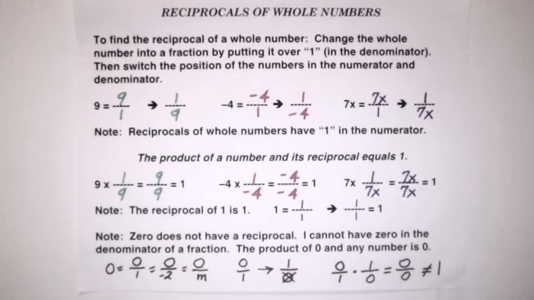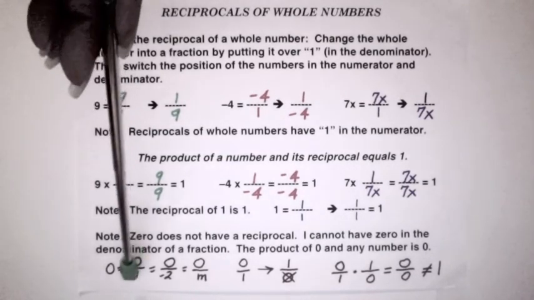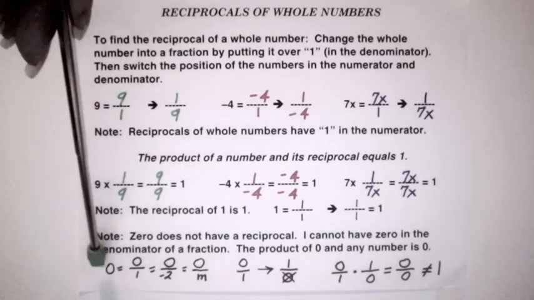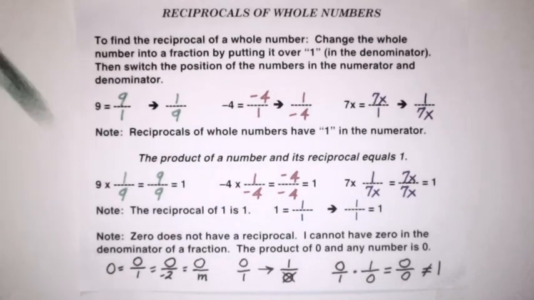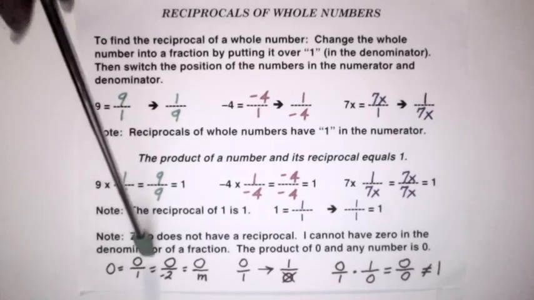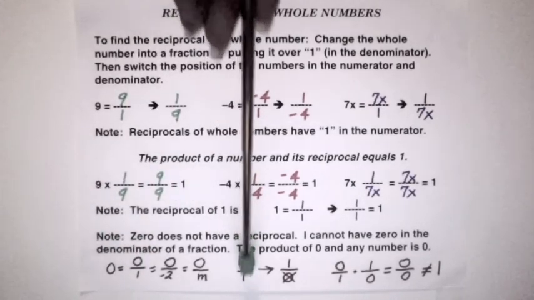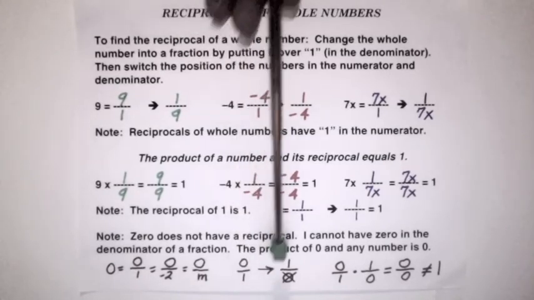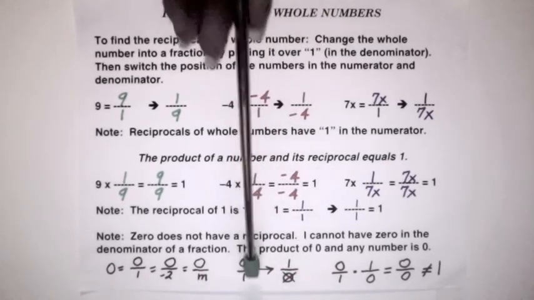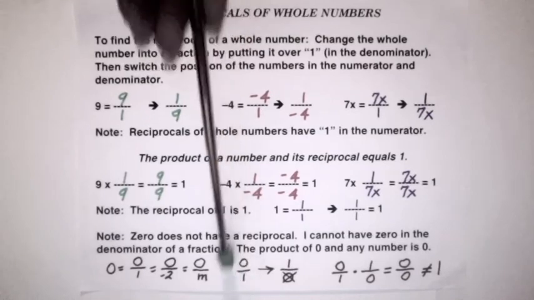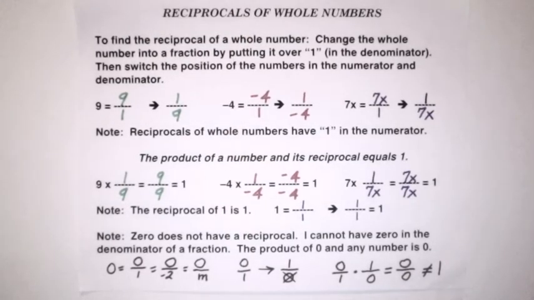I can write 0 over any number or any term, and it's still equal to 0. Let's keep 0 over 1 because that's what we normally do when we have a whole number. So 0 over 1, the reciprocal would be 1 over 0 if I switched the positions of the numerator and the denominator. And we can never have 0 in the denominator of a fraction.